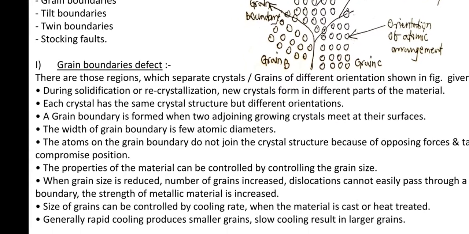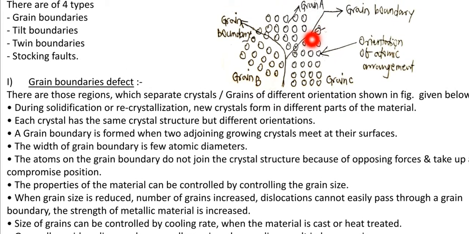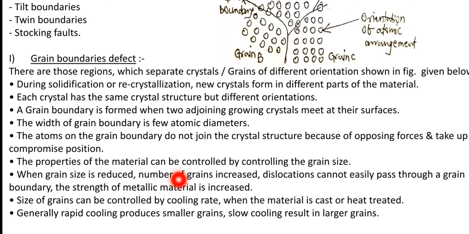Some atoms lie on the grain boundary, so they cannot move into this grain or this grain because of the strong repulsion between the atoms. The size of the grains can be controlled by cooling rate when the material is cast or heated. Generally, rapid cooling produces smaller grains, and slow cooling results in larger grains.